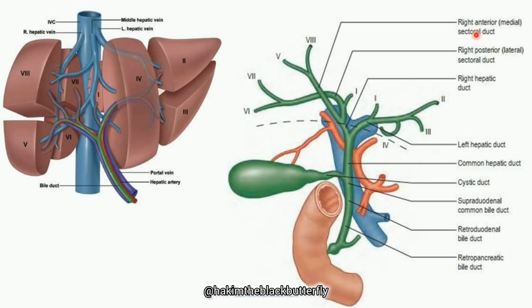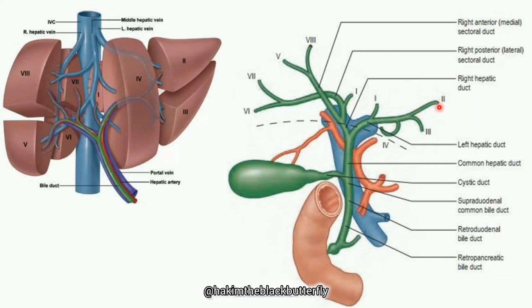It's getting bile from these sectors, or we call them segments. From segments 7 and 6 we shall have the right posterior sectoral duct. These two small ducts will join, the right posterior with the right anterior, to form the right hepatic duct, as you can see.